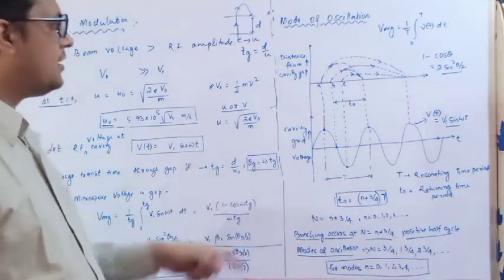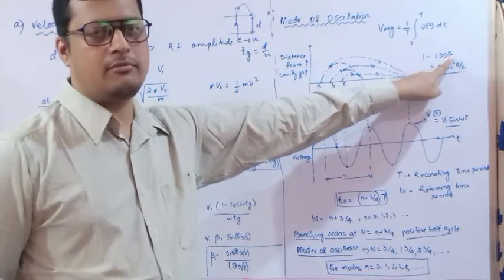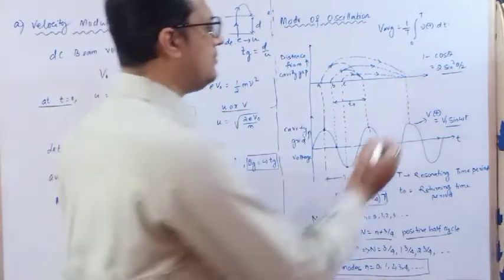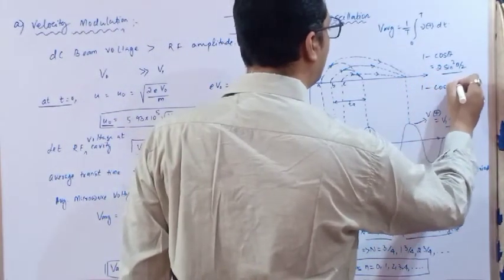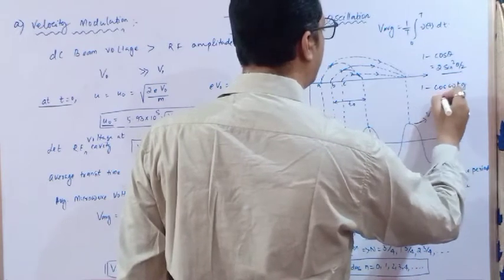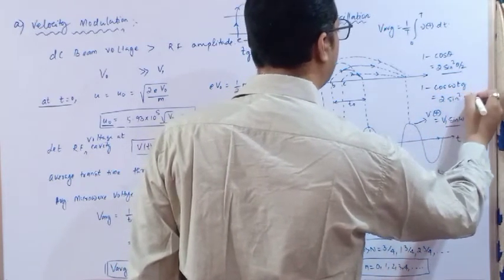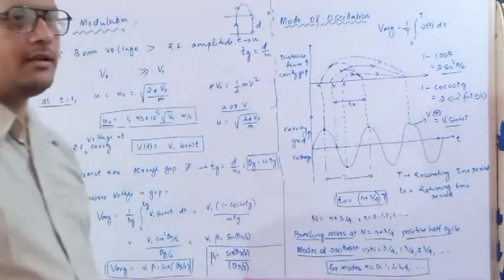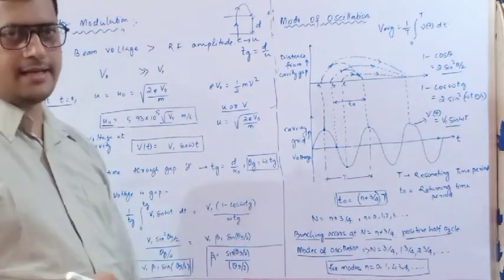So in place of theta, if you substitute omega tg, 1 minus cos omega tg I can write as 2 sin square omega tg by 2, because the angle is going to be half. So omega tg is replaced by theta g and 2 is as it is.